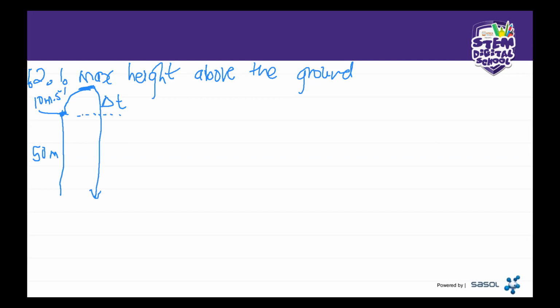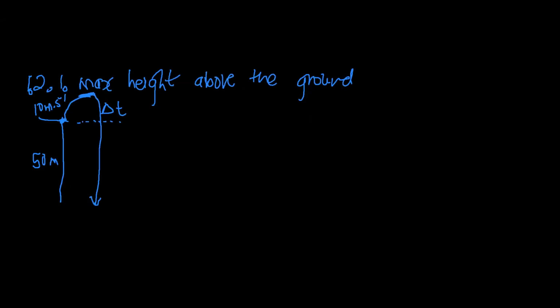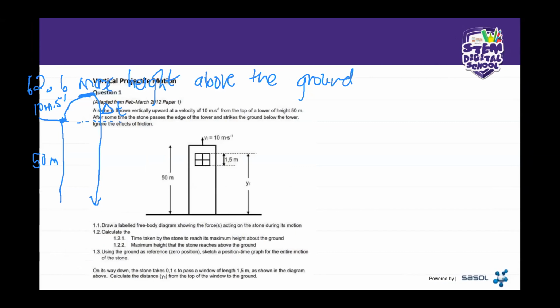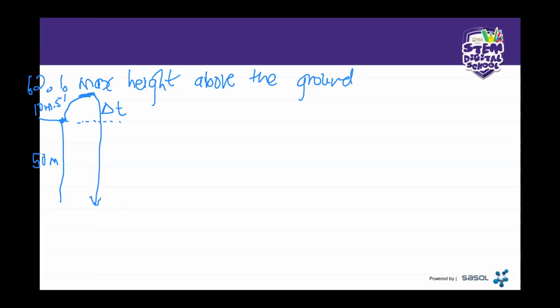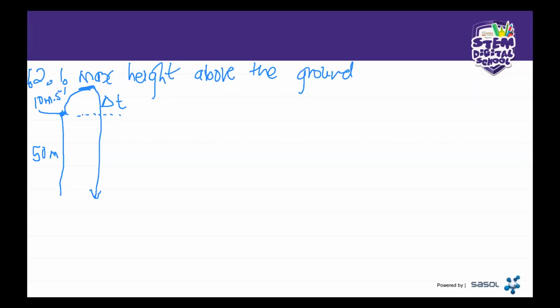So first, what we need to do when we have a question like this, we need to write what is given, okay? In this case, what is given? We have your vertical velocity of 10 meters per second. So we've got our V initial, which is equals to 10 meters per second. And we've got our final velocity. What's our velocity when we're here on the ground?